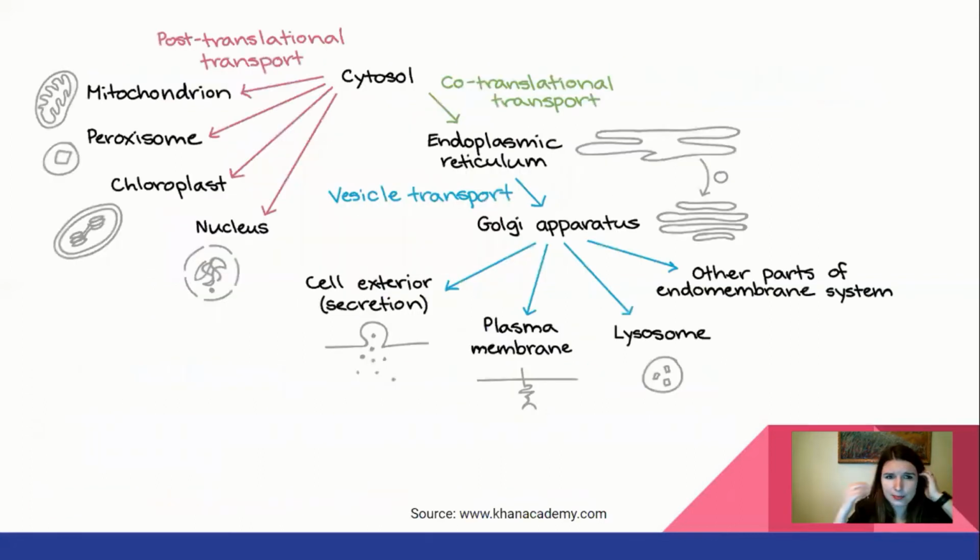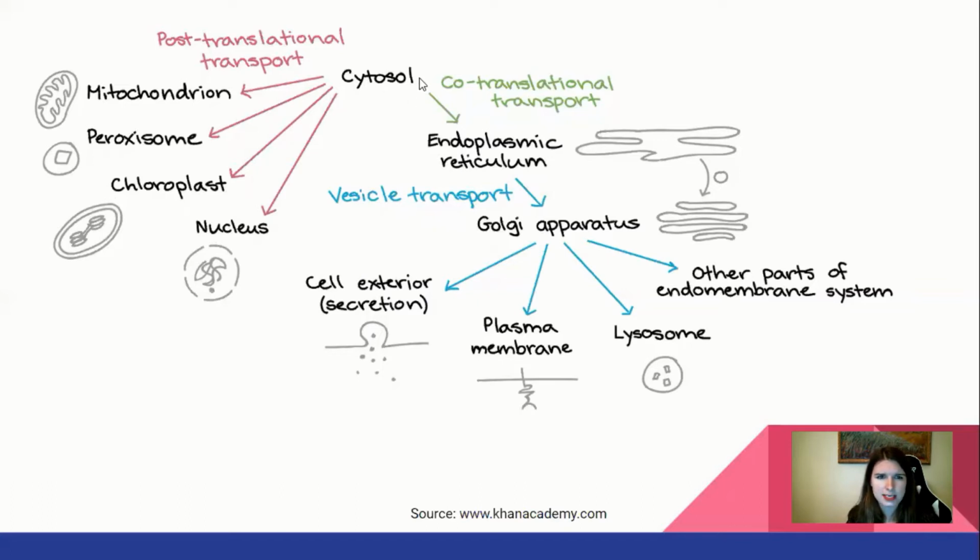So here's a map of basically where proteins are made and how they get sorted. We're going to ignore this part here on the left. That part is just stuff that gets made entirely in the cytoplasm on free-floating ribosomes, and then those proteins go directly to their targets.